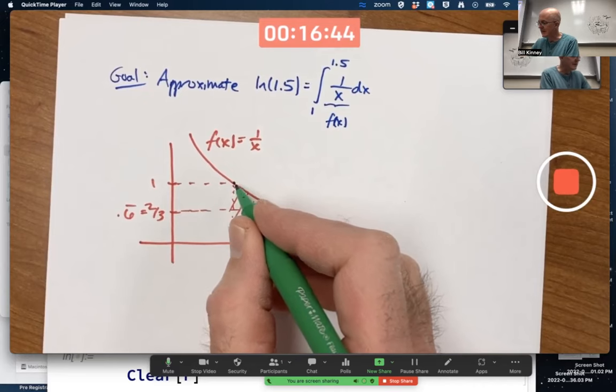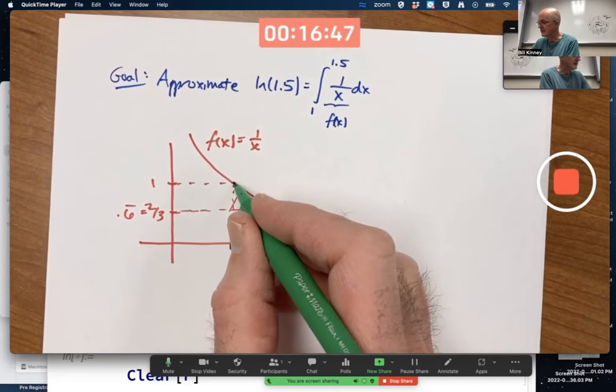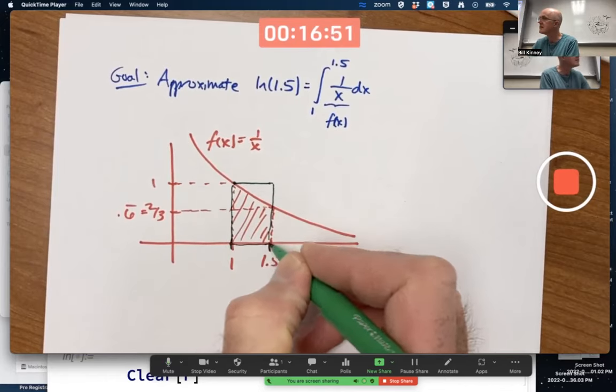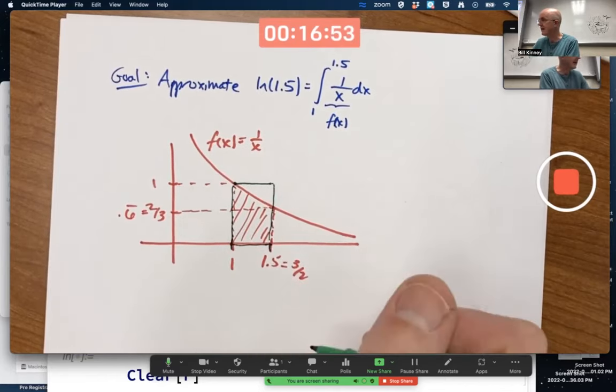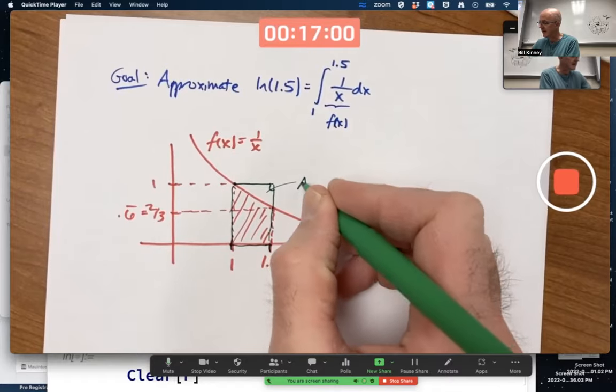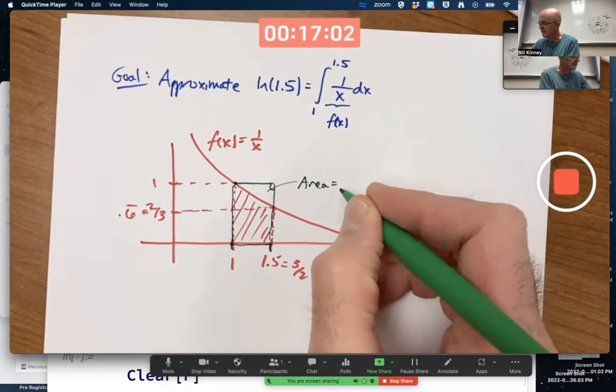We could use a left-hand sum to approximate the area under the curve. What does a left-hand sum give? It gives you the area of this rectangle right here, which is pretty easy to calculate in your mind. Base times height is 0.5 times 1, which is 0.5. That area will be 0.5.